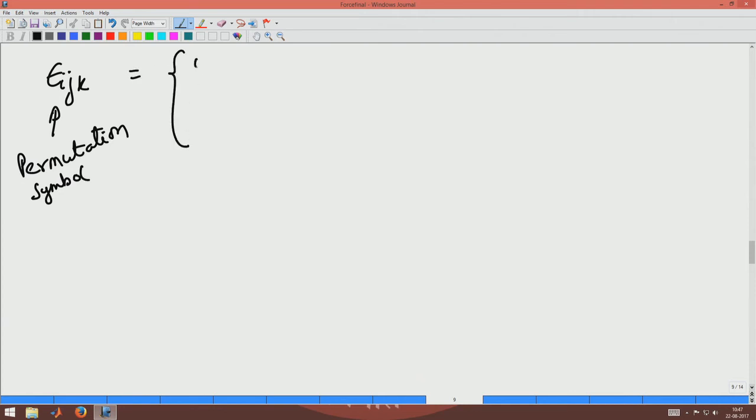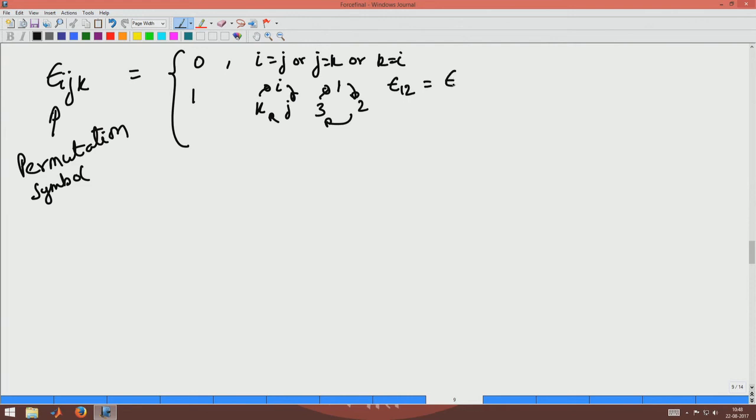It takes values 0 if i equal to j or j equal to k or k equal to i, and 1 if i, j, k go in a clockwise direction, that is 1, 2 and 3 go in a clockwise direction, that is epsilon 1 2 3 is equal to epsilon 2 3 1 is equal to epsilon 3 1 2, all this will be equal to 1, and it will be minus 1 if 1, 2 and 3 are going in an anti-clockwise direction, that is epsilon 1 3 2 is equal to epsilon 3 2 1 is equal to epsilon 2 1 3 would be minus 1.